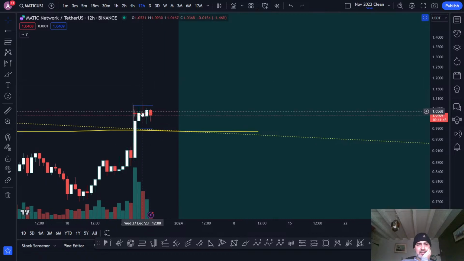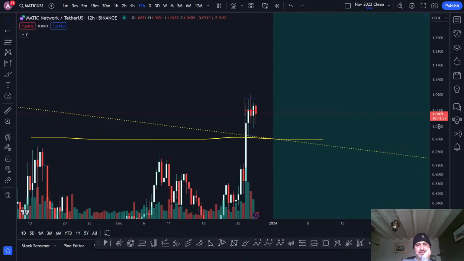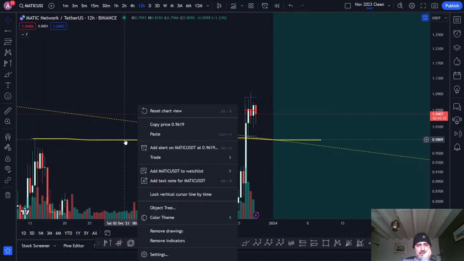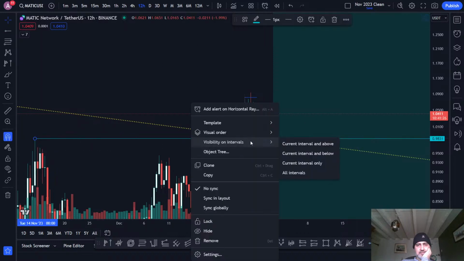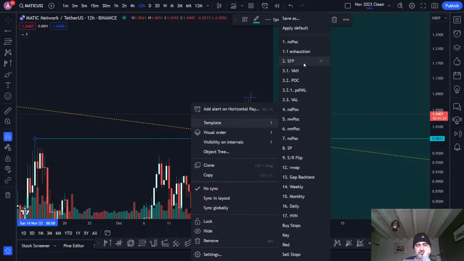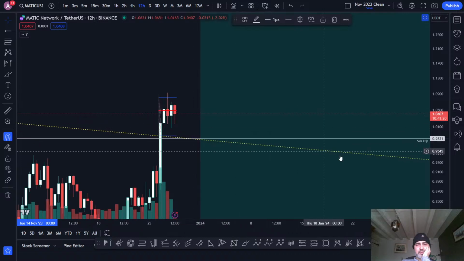I mean, it looks like consolidation above the highs, but I think I would like to see an actual back test. Let me draw the line properly here. I would like to see a reaction on this line here to confirm an SR flip. We haven't had that yet.